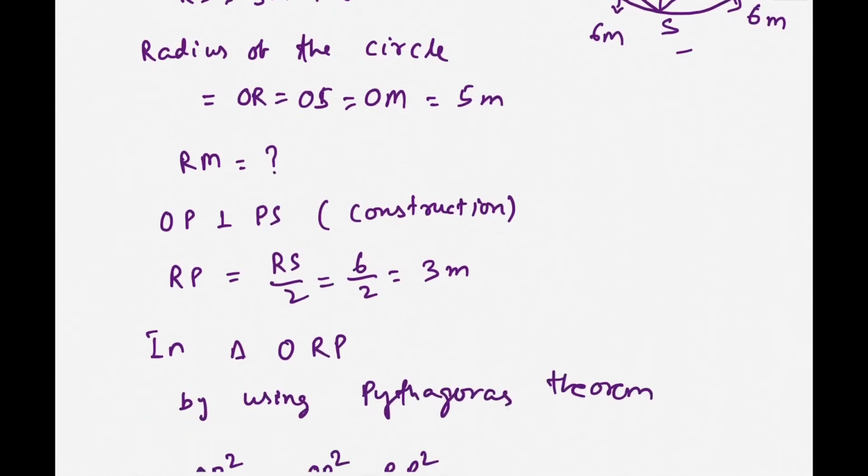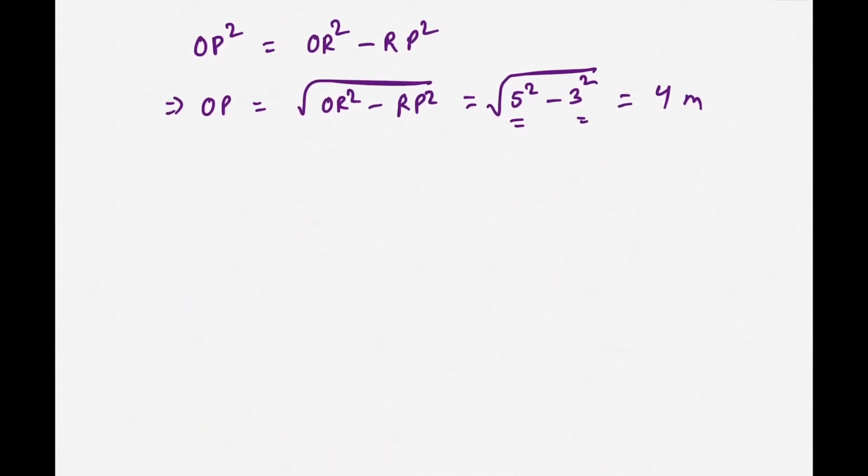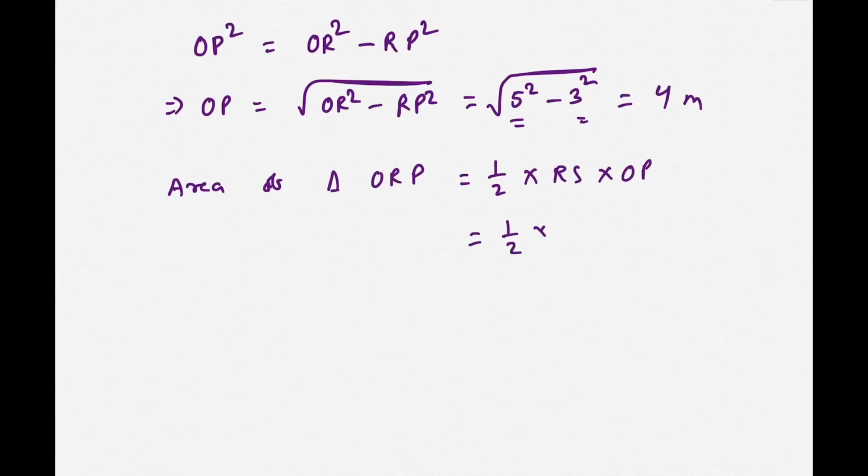So, by using our formula of area of triangle, area of triangle ORS is equal to half into base into height, and base is here RS and height is OP, and that is equal to half into 6 into 4, and this gives us 12 meter square. Now we got the area of triangle ORS.